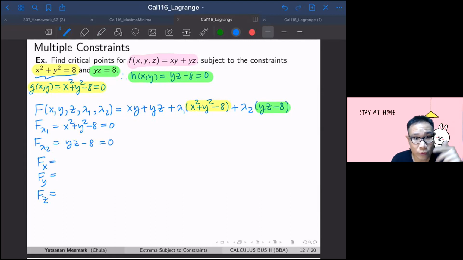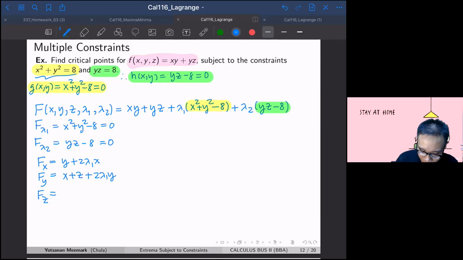So the derivative with respect to x is going to be y plus 2 lambda 1 x. The derivative with respect to y is a little bit complicated because you have many y's, so it's going to be x plus z plus 2 lambda 1 y plus lambda 2 z. And fz is gonna be y plus y lambda 2.